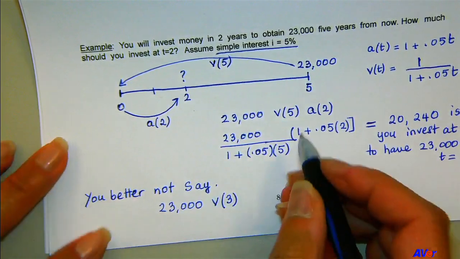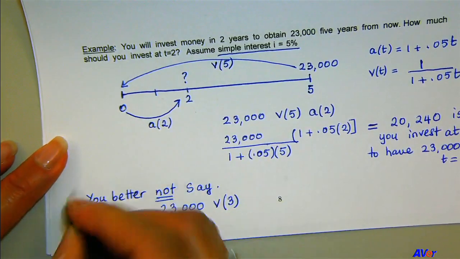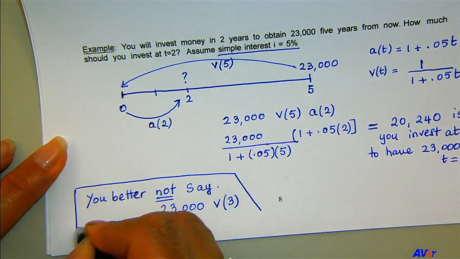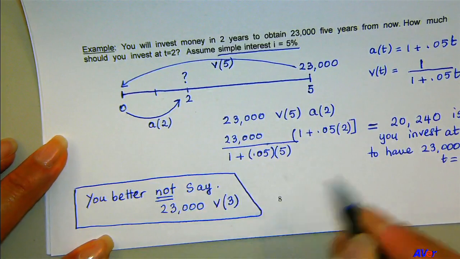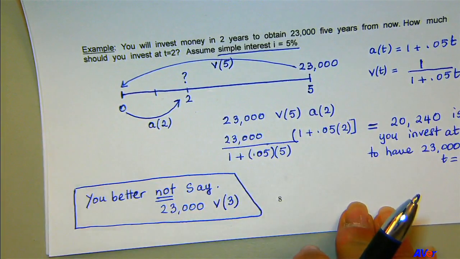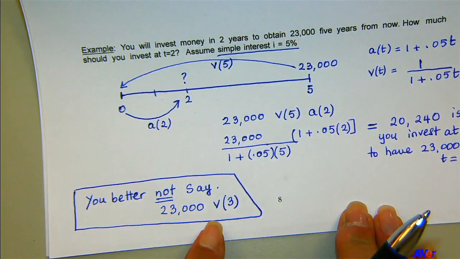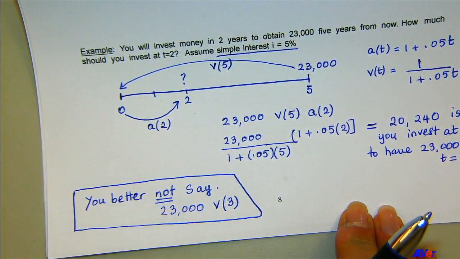That would be wrong. You better not say that. This would give you an answer of 20,000, and that would be the wrong answer.